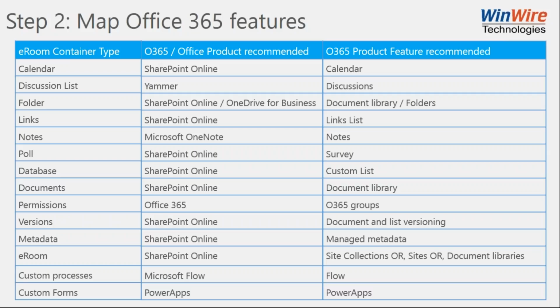The entire eRoom as a container can be migrated as a site collection or as a site or as a document library. That choice will be made based on the analysis we do, and then the recommendation we provide to the IT team of the customer, right?